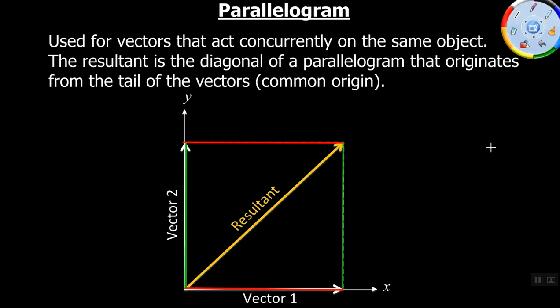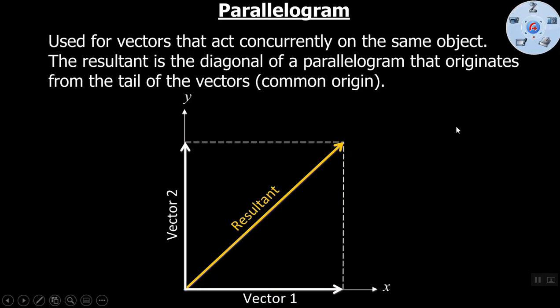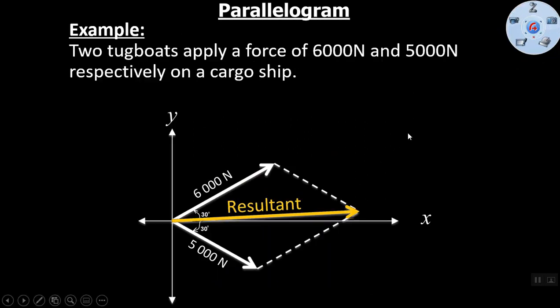On this slide it looks like a square, but most times it will form a parallelogram. The resultant is from where their tails come together to where these dotted lines end, and we draw a straight line in that direction. That's the parallelogram method.